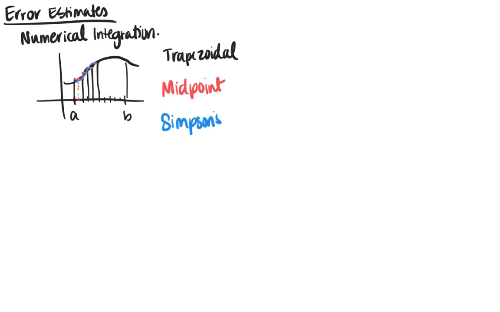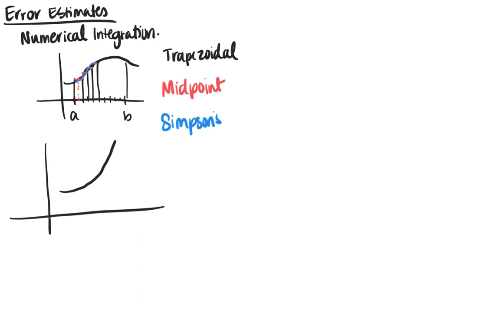But of course, every time we're doing this kind of approximation, there's going to be some amount of error. What we want to be able to do is figure out how we can make that error within a certain range that is acceptable. If I think about trapezoidal and midpoint, I'm going to draw kind of a curvy line there.